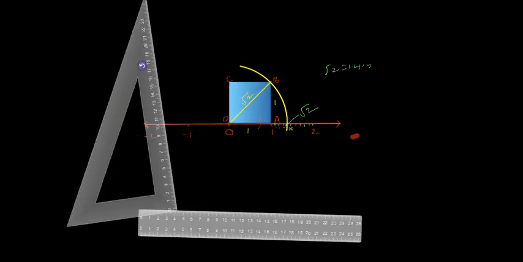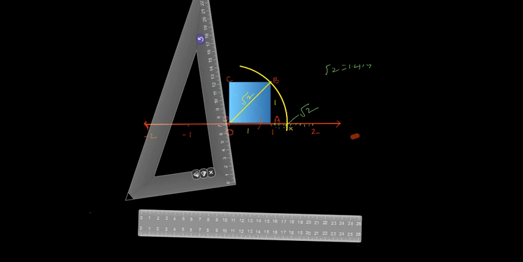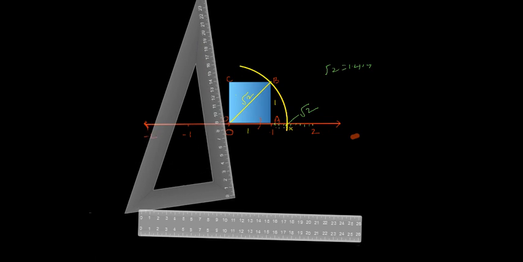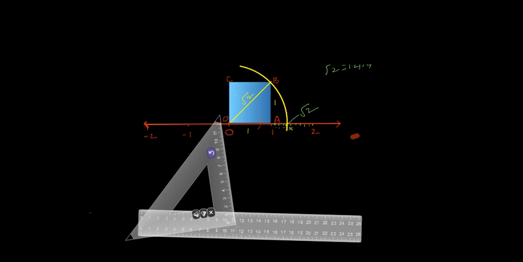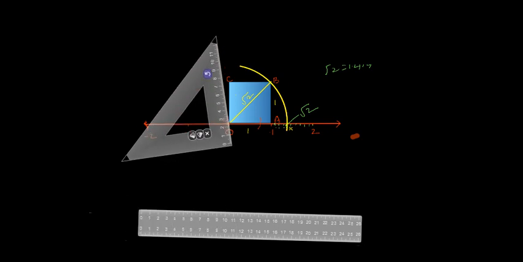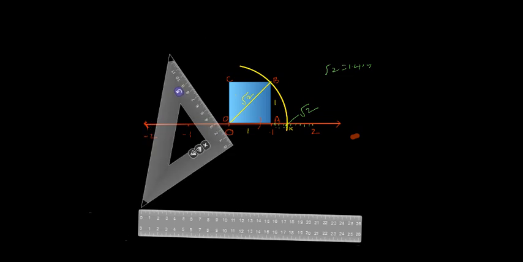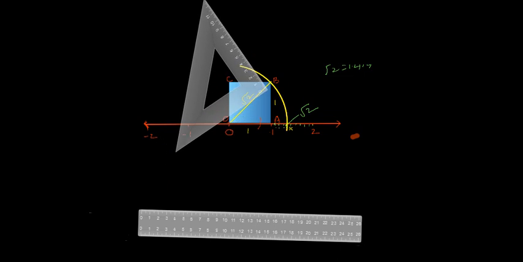This has 90 degrees. You have this triangle in your geometry box. You take that and you put it on the hypotenuse like this.